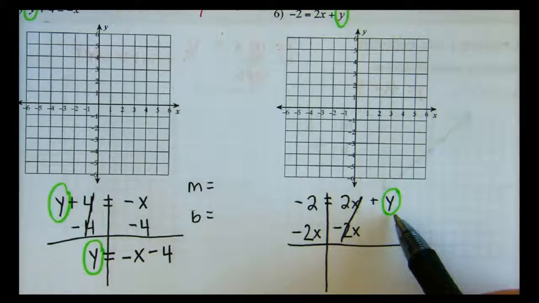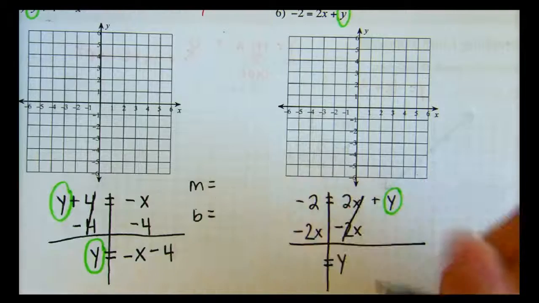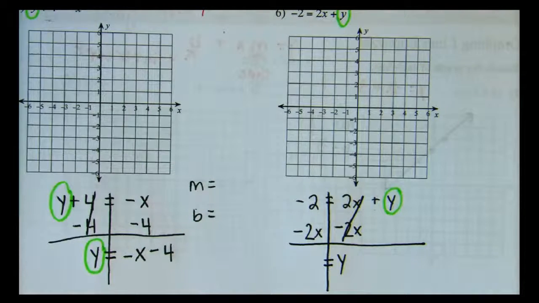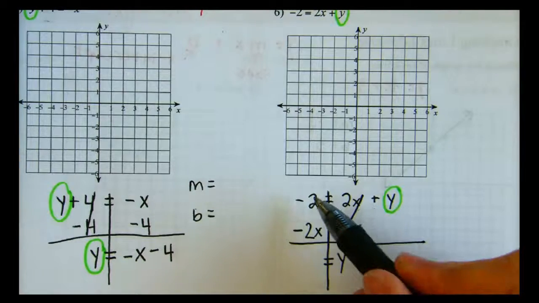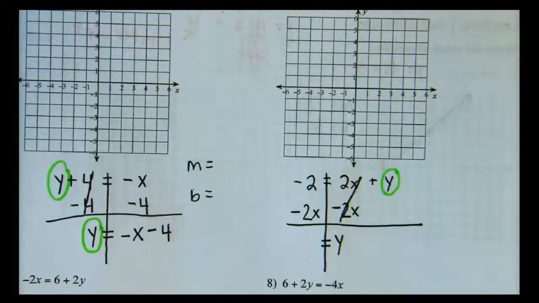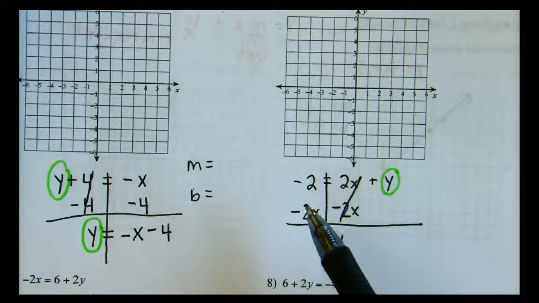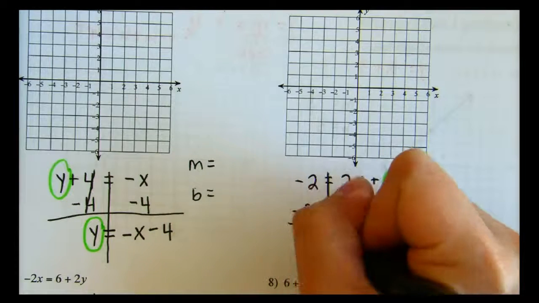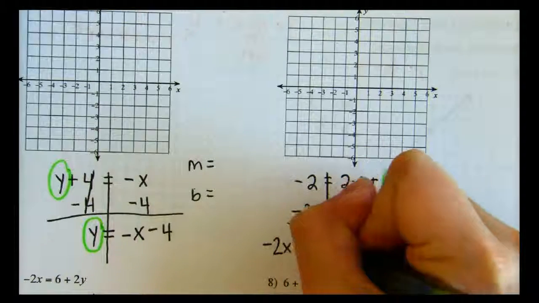And that way, I'm just left with y on this side. Over here, what will I be left with? Can I combine these two terms? I can't combine it, so I do the same thing I did over here. I'm just going to copy them down, just like they are, with their same signs. So I've got negative 2x minus 2.